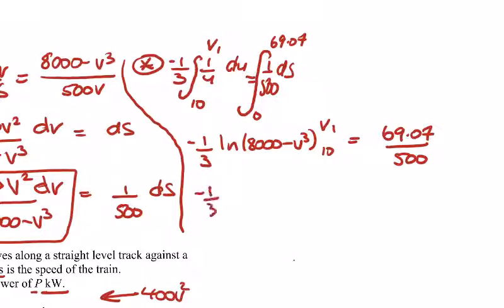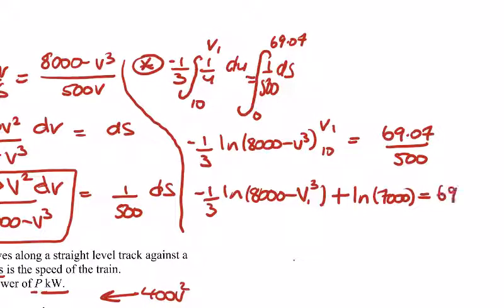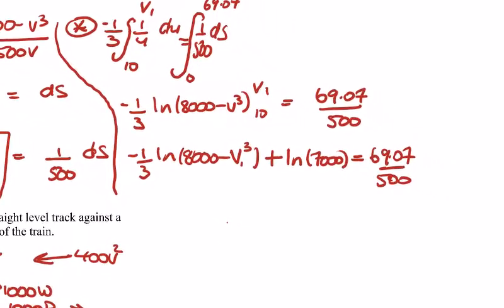So minus 1 over 3 times the natural log of 8,000 minus V1 cubed, minus the natural log of 8,000 minus 10 cubed, which is 1,000, so that'll be 7,000. It's equal to 69.07 over 500. Just take your time simplifying it down.